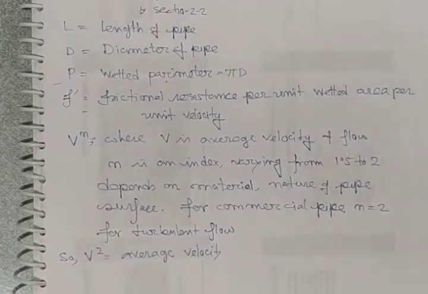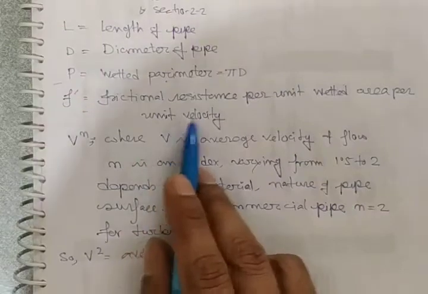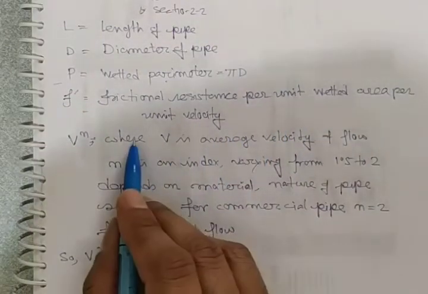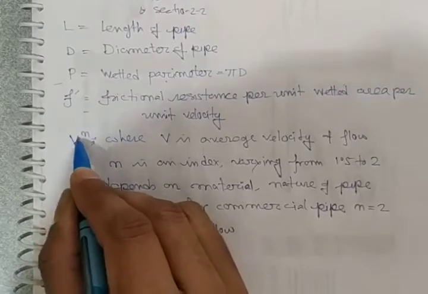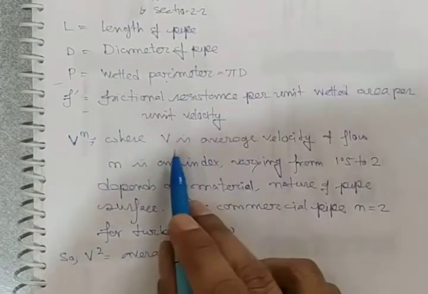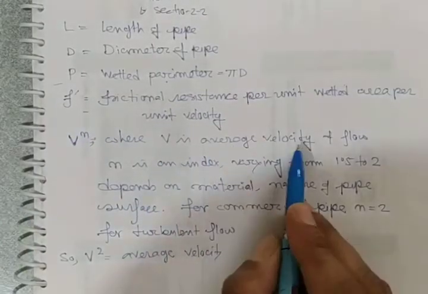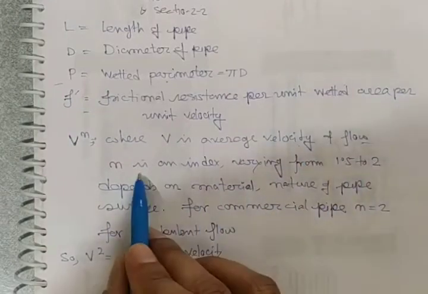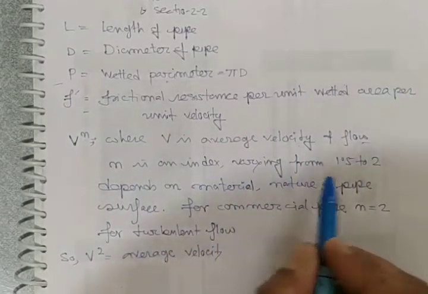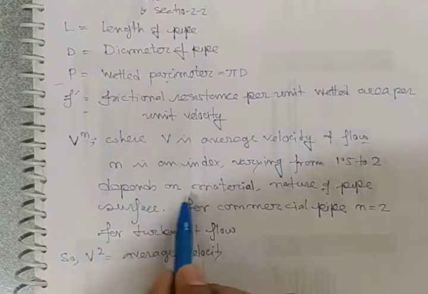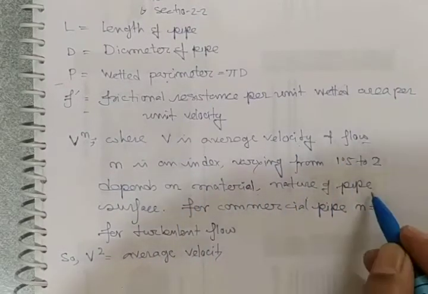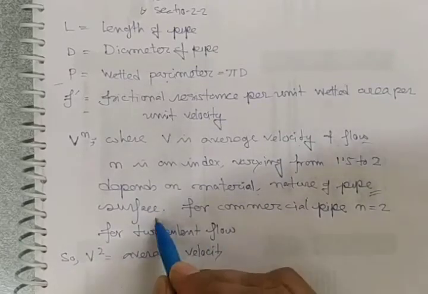So this frictional resistance depends upon velocity, so velocity V to the power n, where V is the average velocity of the flow, and n is an index varying from 1.5 to 2, depending on the material and nature of the pipe surface.